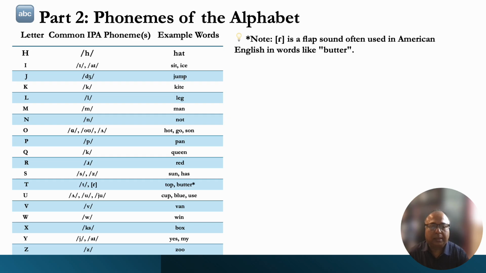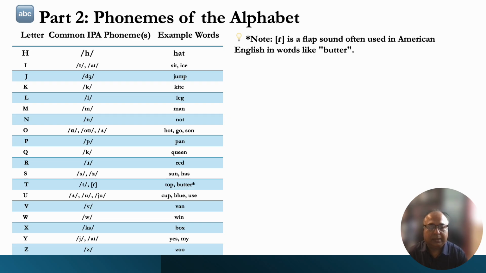P, letter P is P, as in pan. When you pronounce this sound, P, okay, imagine blowing a candle. P, P, as in pan. Okay, Q, letter Q is K, as in queen. R is as in red.